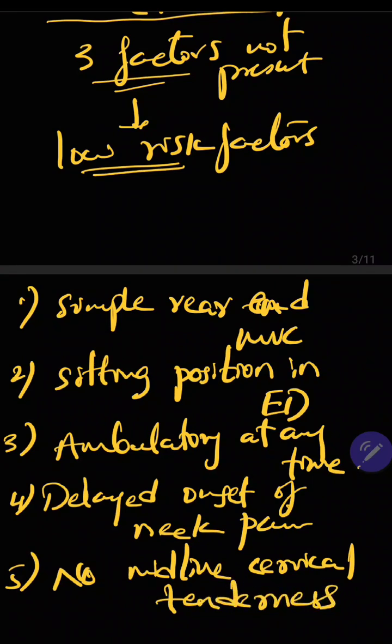So these are the five low risk factors. Number one is simple rear-end motor vehicle collision. Number two, sitting position in the ED. Number three is ambulatory at any time. Number four is delayed onset of neck pain. Initially he won't be having any neck pain, and after some time he will be complaining of neck pain. And number five, there is no midline cervical tenderness.